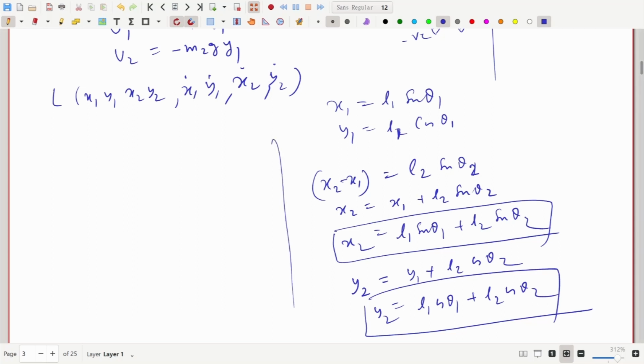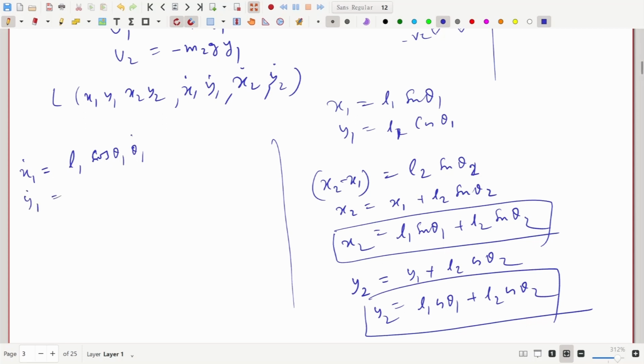That algebra is: x1 dot will be L1 cos theta 1 theta 1 dot.